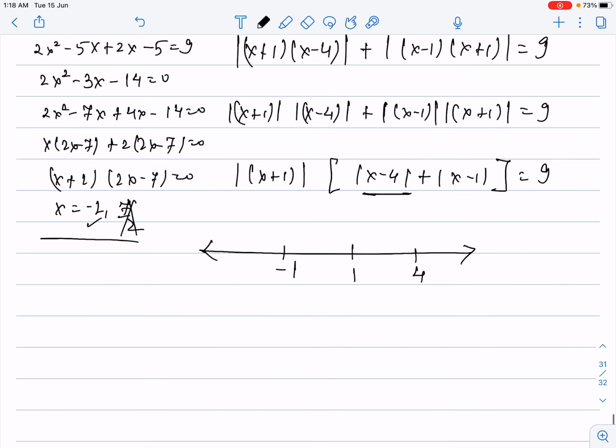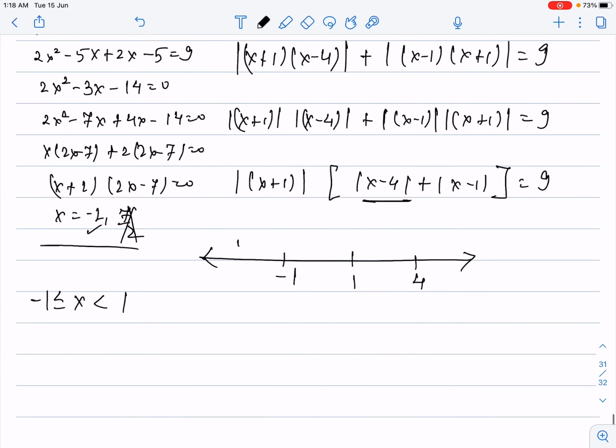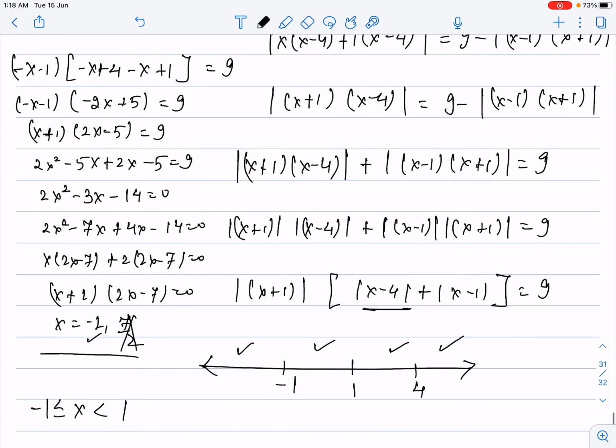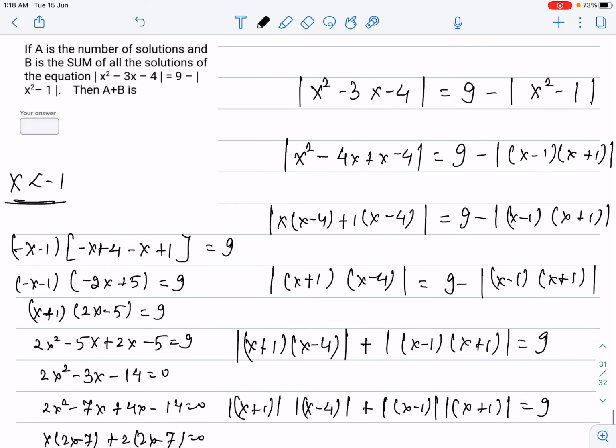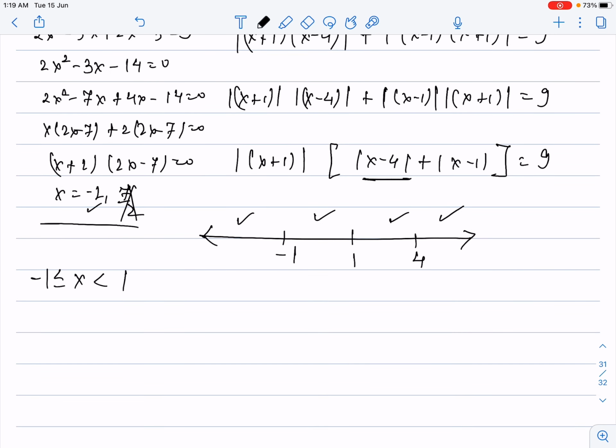So the one solution I got over here, then minus 1 is less than or equal to x, less than 1 I'll be going to consider. So I would have to consider what? 4 cases, okay? First case I have considered, I got one solution as minus 2. Now the second solution when I'll be going to consider, 0 can be computed, means x plus 1 can be written. This will be opening with positive sign. Then next will be opening with negative sign, minus x plus 4 will be written by us.